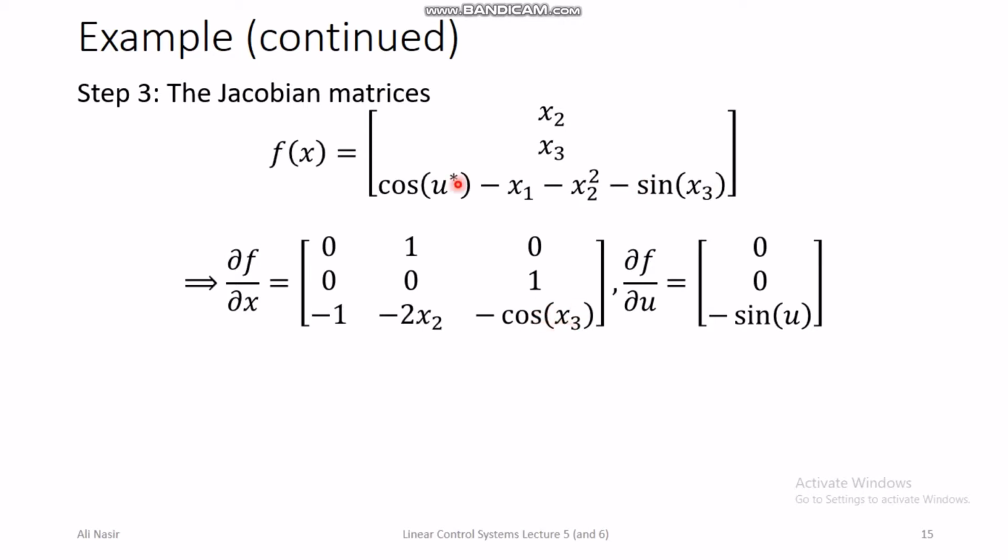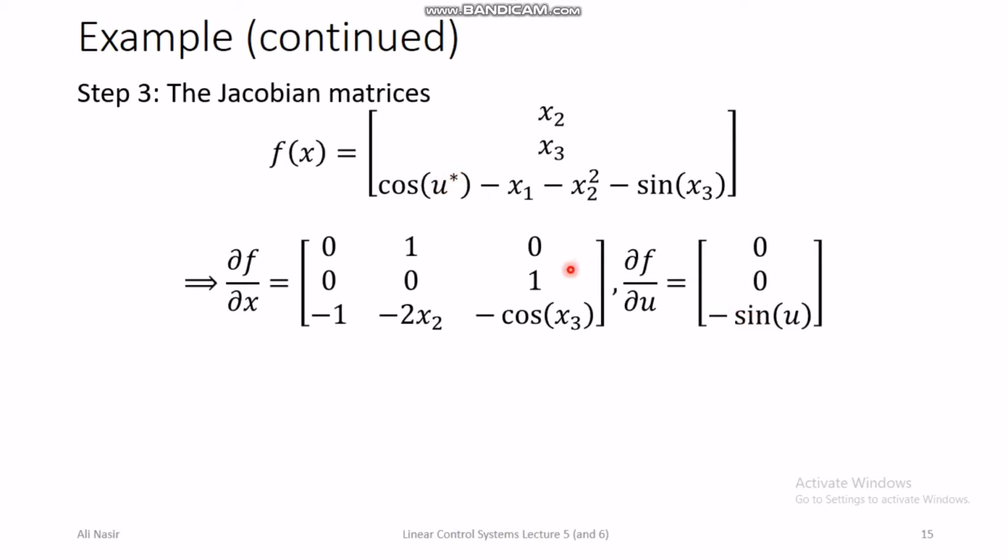Similarly, partial f1 by partial u will be 0 because there is no u in the f1 term. Partial f2 by partial u will be 0 because there is no u in the f2 term, and partial f3 with respect to u will be minus sine of u. I apologize for toggling between u star and u here.